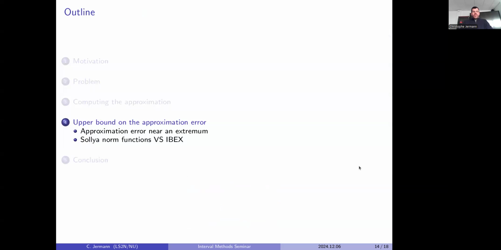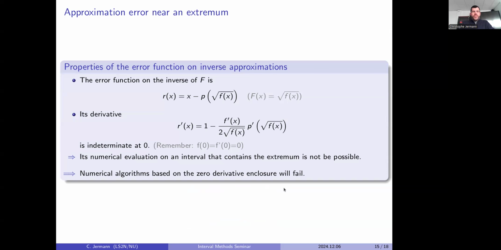So how do we bound, now that we have an approximation, the error on this approximation? If we consider the error function, it is formulated as follows. We have our function which amounts to x, and we subtract P evaluated at the square root of f of x. If you just derive this function, you obtain the following generic formula.